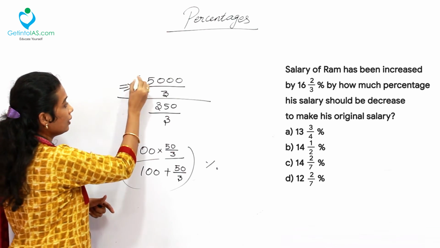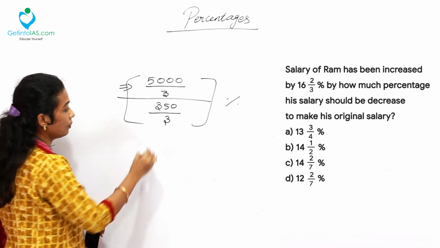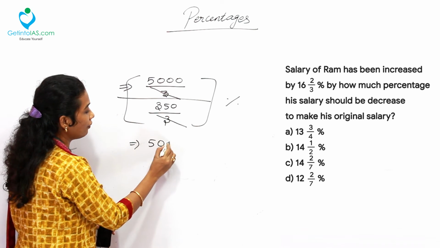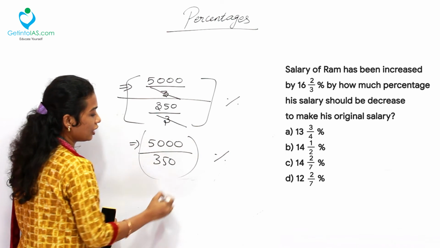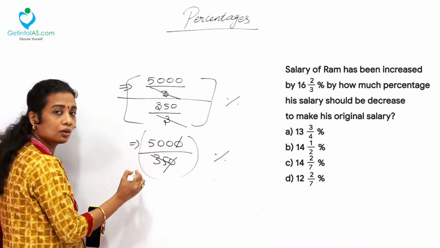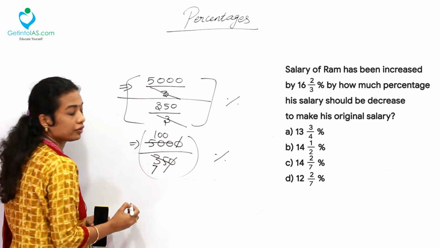Now you can take the value and convert it into percent. The next one, you can cancel both the denominators. Finally you are having 5000 by 350. This is the percentage value. The 0s cancel. Again I am cancelling this with the 5 table. 7 times 5 is 35. 100 times 5 is 500.